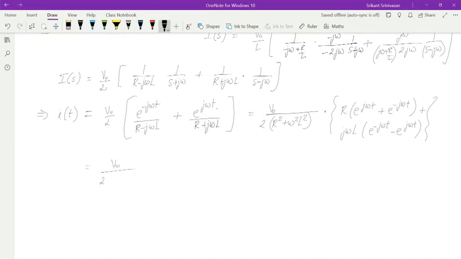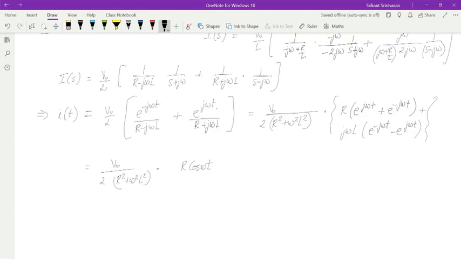So this first term is nothing but cos omega t, and this second term is nothing but minus sin omega t. Okay, so it is nothing but V naught by 2 into R into R cos omega t.